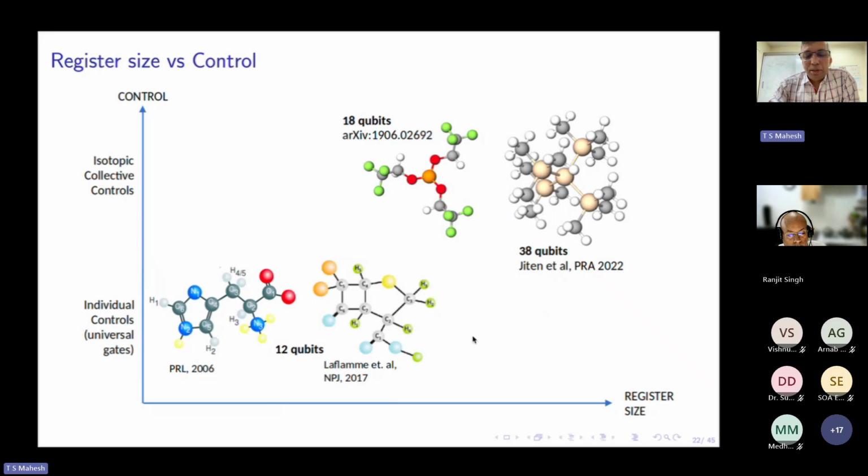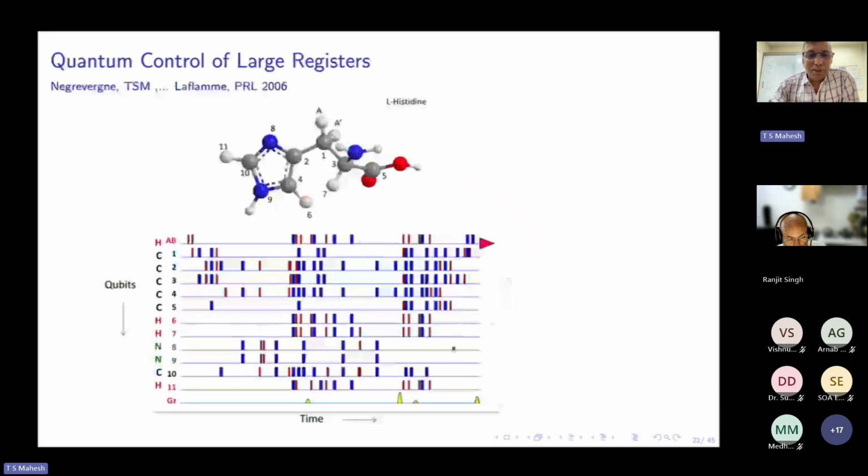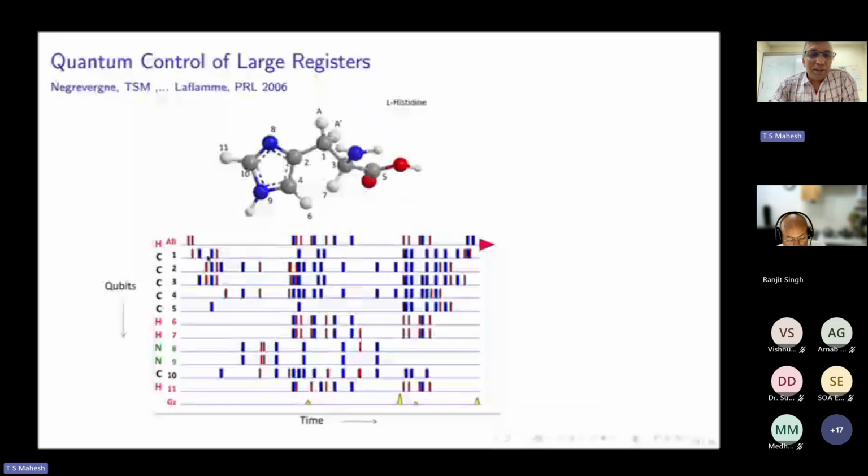In molecule-based systems, control becomes very difficult beyond a certain stage, as you see that these pulses are already getting crowded and start interfering with one another. So the qubit selectivity will be lost soon as you scale more and more.